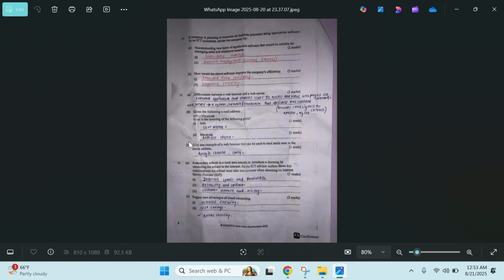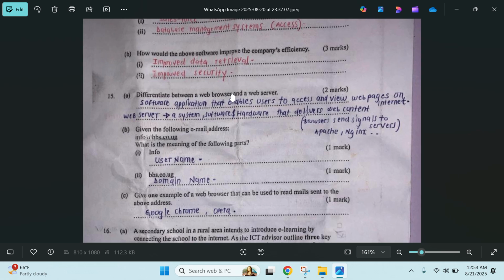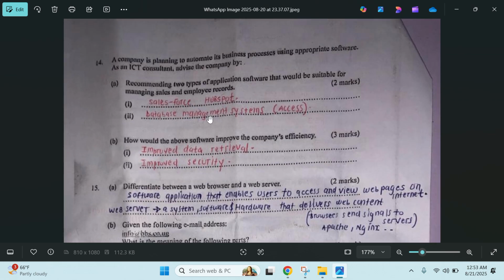As I head to number 14 of this very paper, number 14 is right here. A company is planning to automate its business processes using appropriate software.